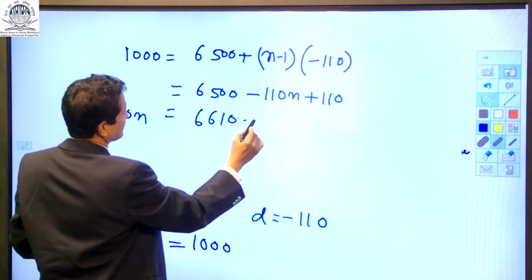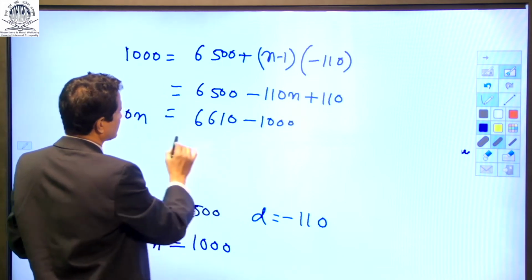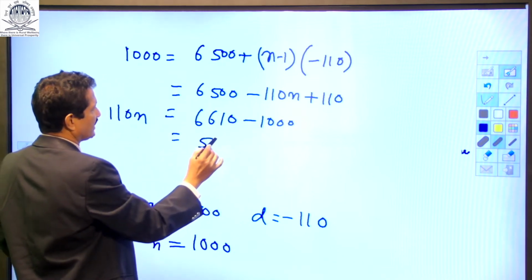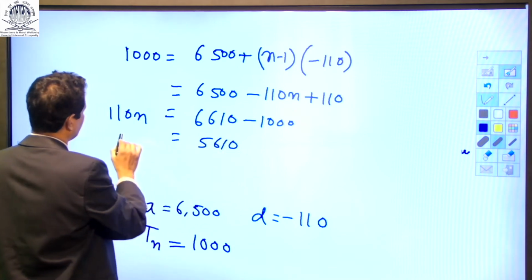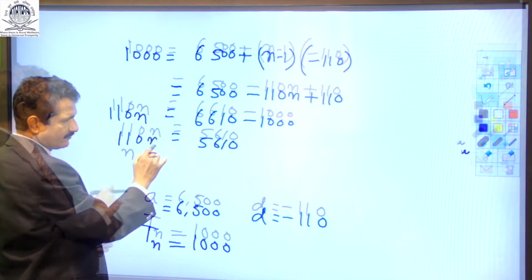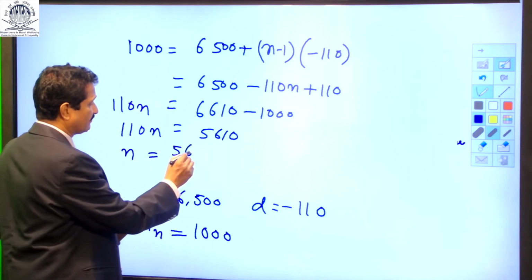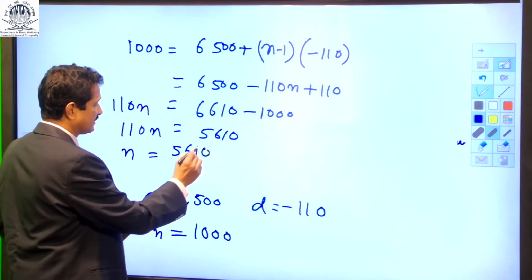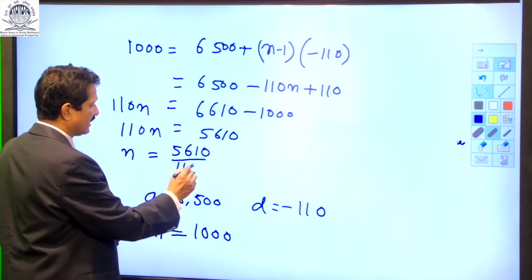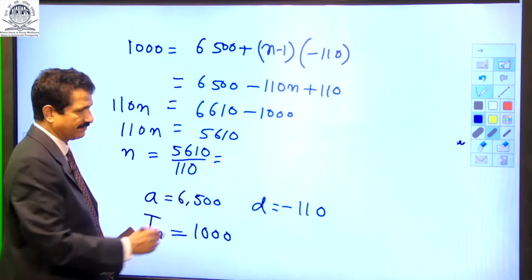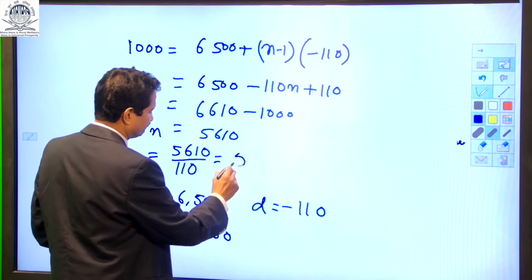Taking this 1,000 to this side, it is minus 1,000. So this is 5,610 = 110n. So the value of n is 5,610 by 110, which gives me 51.